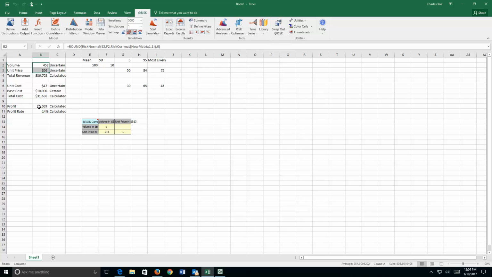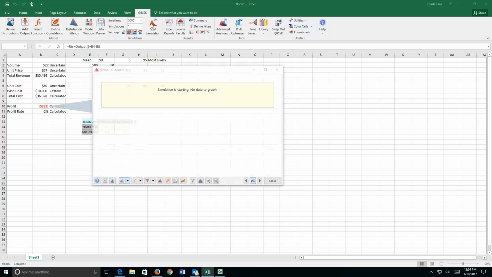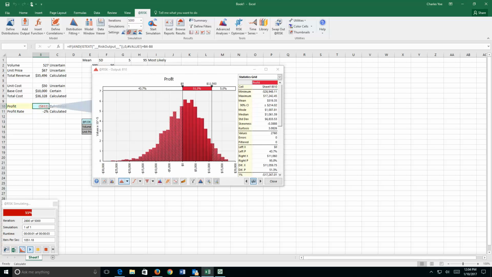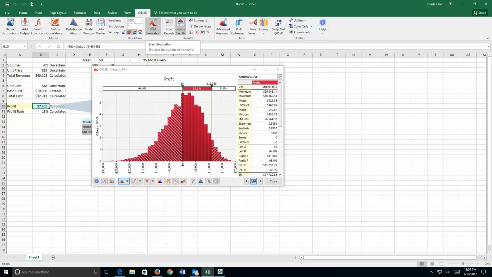So once more, we're going to take profit and run a simulation of 5,000 iterations. That takes just a moment. Here we see a very close 44.9% is below zero compared to 45%.